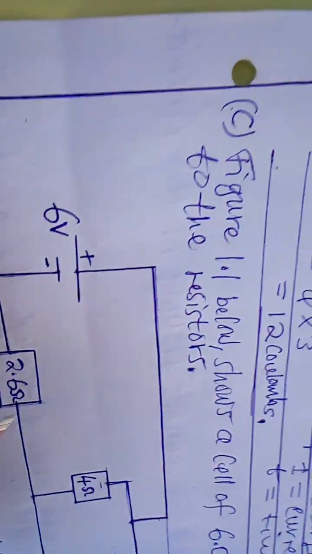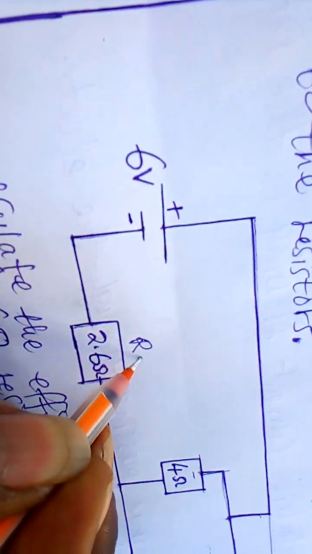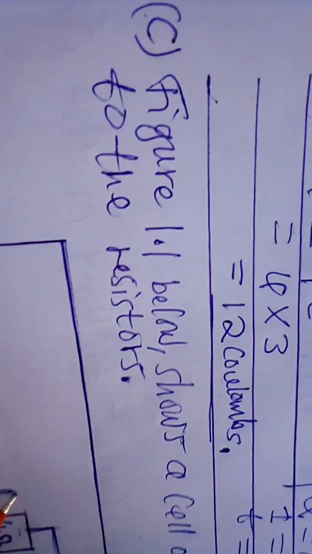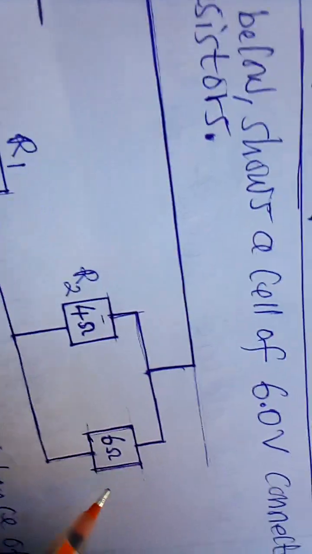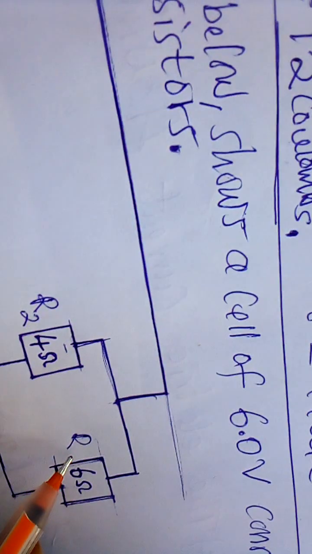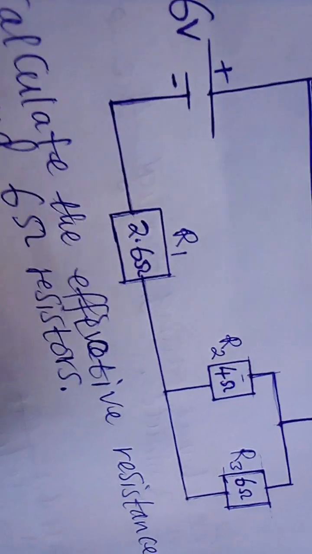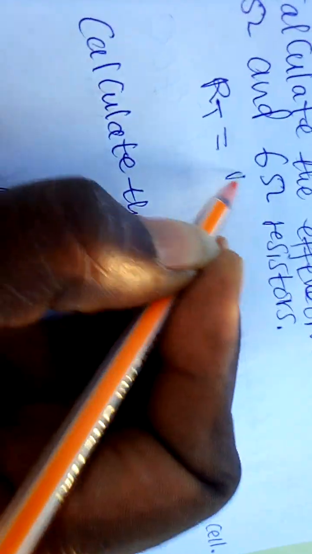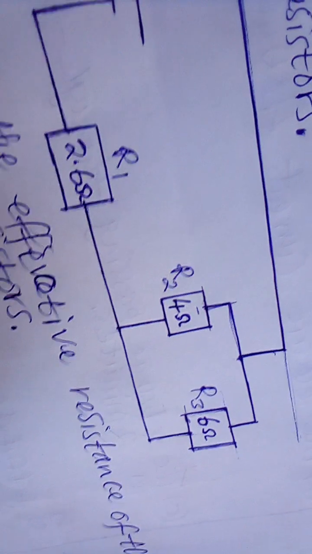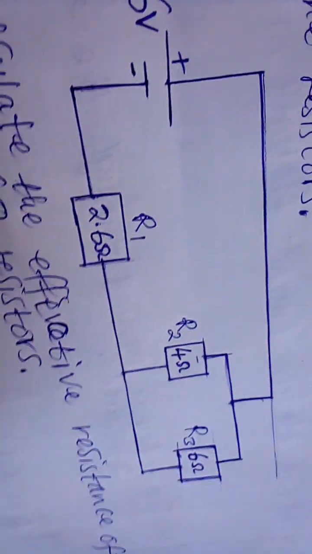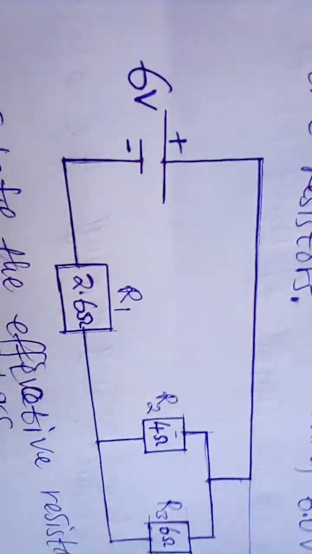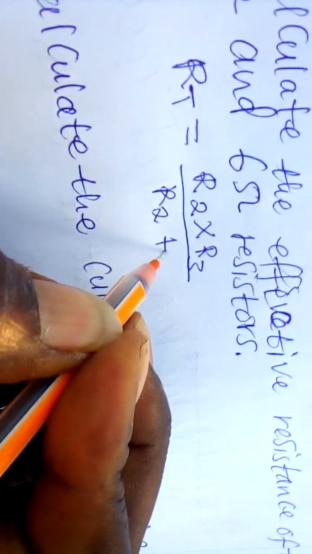Total resistance RT is equals to R2 times R3, over R2 plus R3.